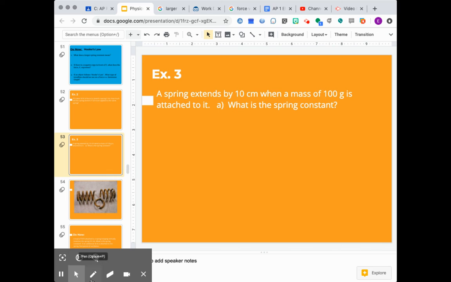So we know that we have a spring. Attached to the bottom of that spring is a very, very small mass, right? 100 grams would be 0.1 kilograms.